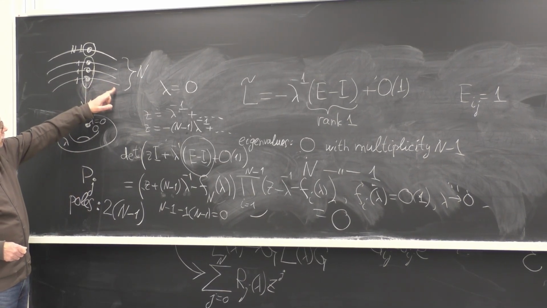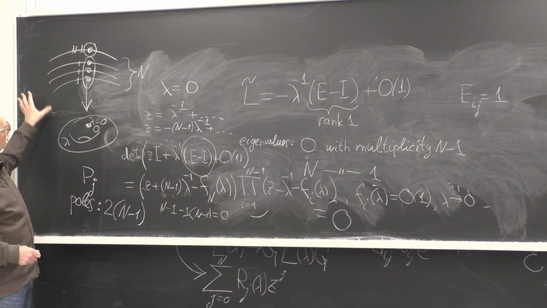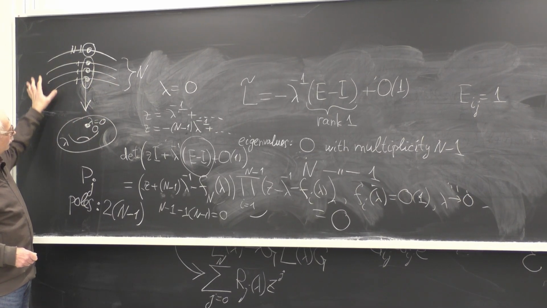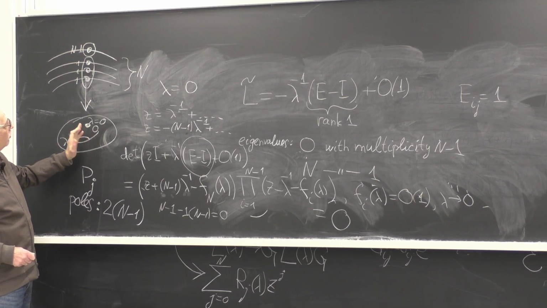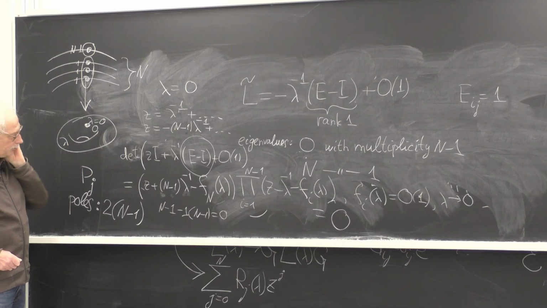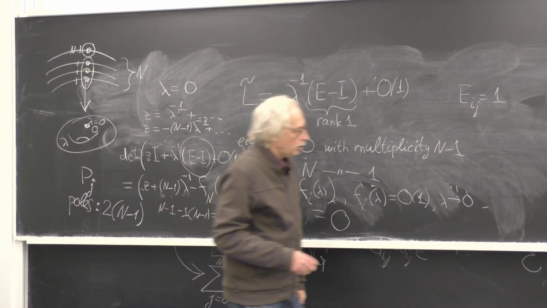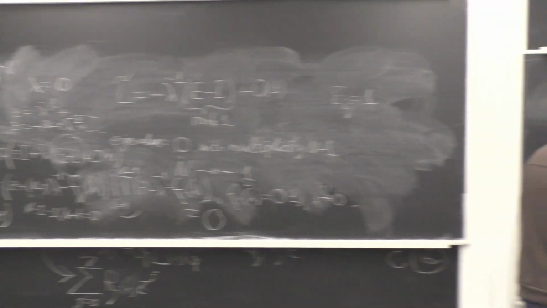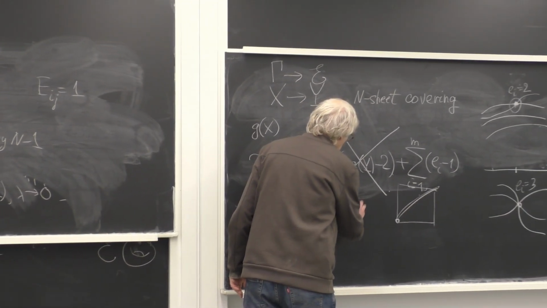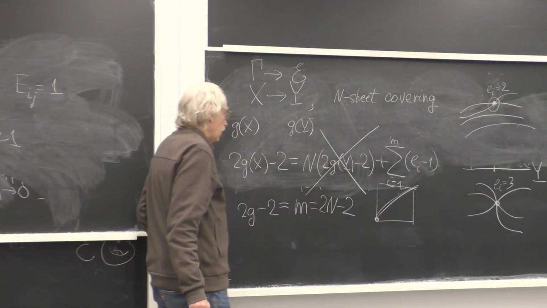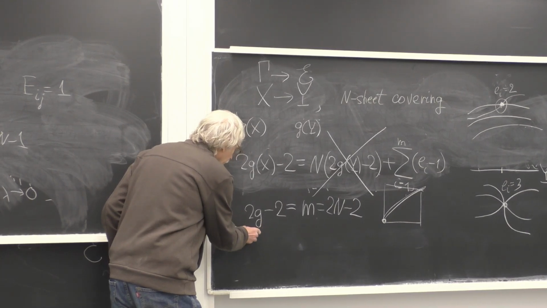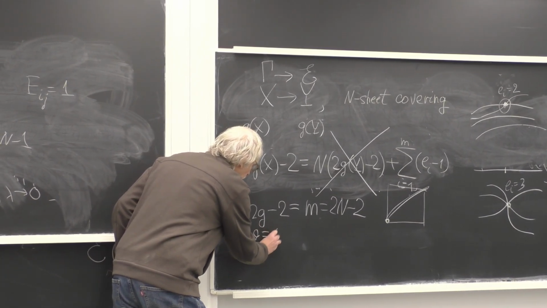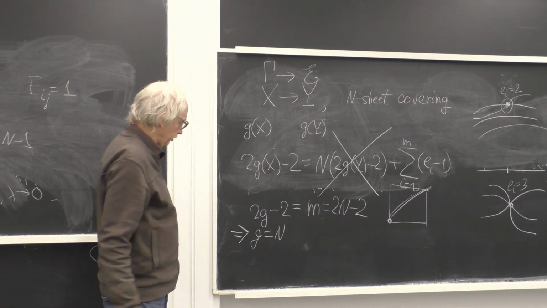But zeros are distributed somehow on other parts of the surface, not above the point lambda equals 0. So our m is equal to n minus 2. Therefore, we can find the genus, which is equal to n.